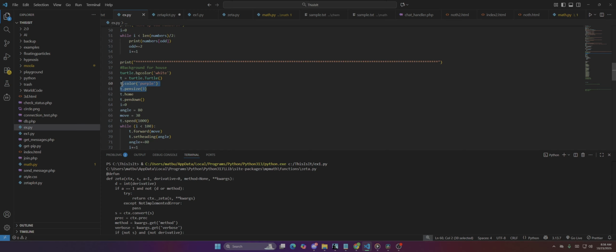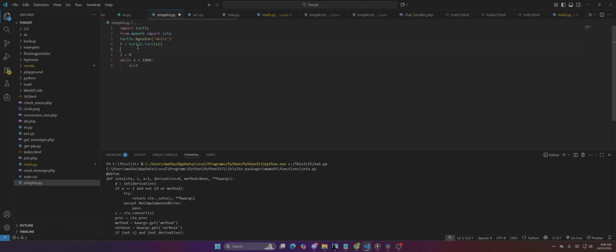Probably need these two lines. Wait, maybe these three. Wait, actually, for these four lines, do black. Then you just plot each dot, right? So actually, don't put the pen down yet.